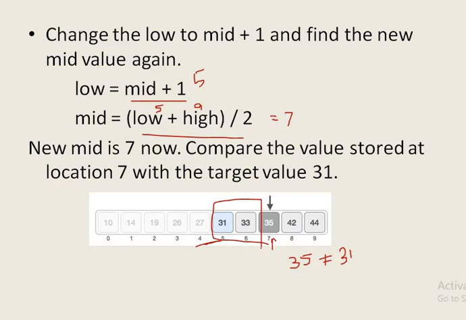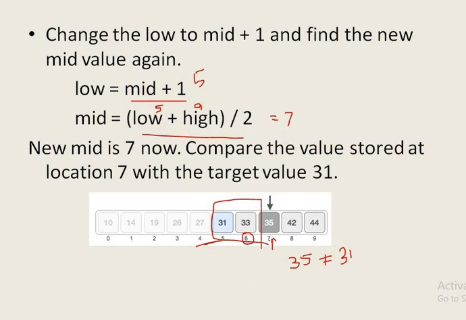So, in order to compare these elements in the subarray, we have to adjust the value of high. High is to be reduced by 1 from the mid position. That is, mid value here is 7 and next we have to compare only these two elements.